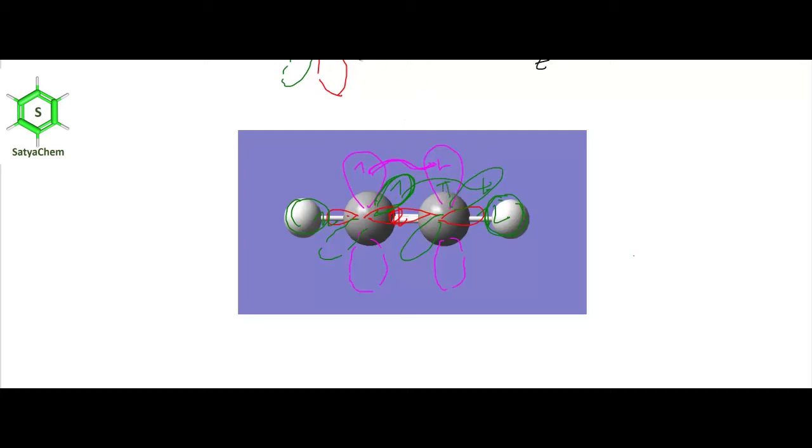This is one pi bond, this is another pi bond, and all the remaining ones are sigma bonds. This is a sigma bond between sp and the 1s1 of hydrogen, and this is a sigma bond between sp hybridized orbitals. Clear?